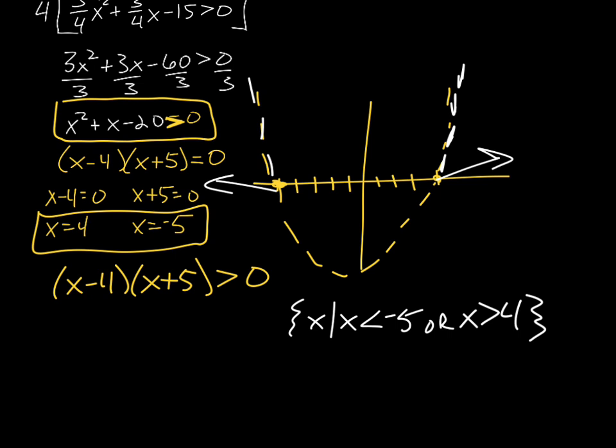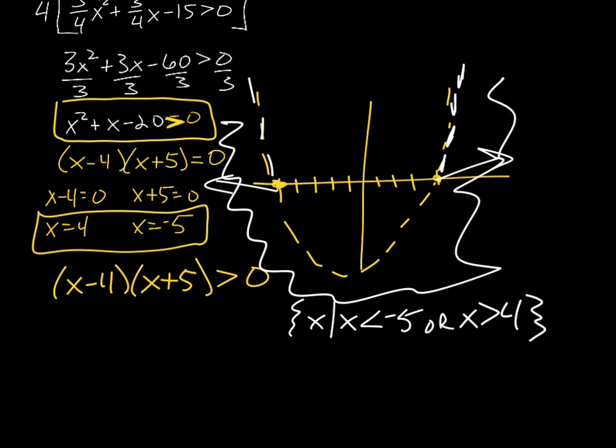Then we could plug it in here and here, or maybe even easier here. And then you'd be asking yourself, is -20 greater than 0? No, so don't shade here. You would shade out. And again, that still matches up with the fact that we're going in this direction and in this direction. Is that okay?